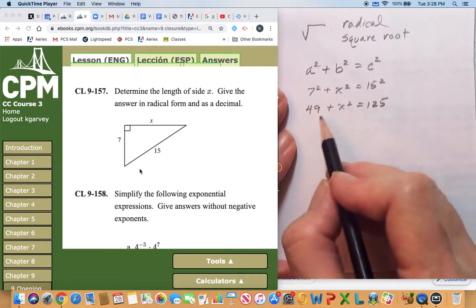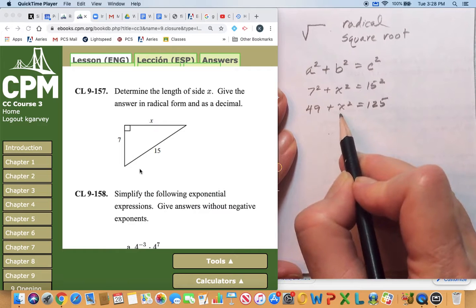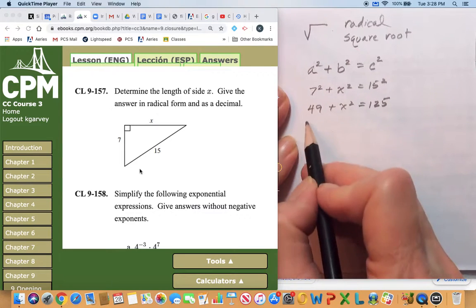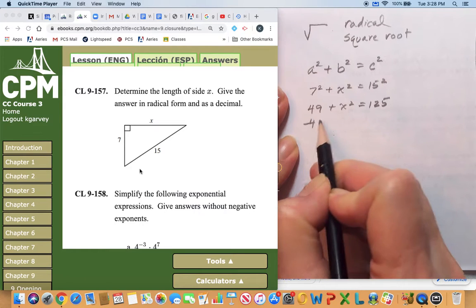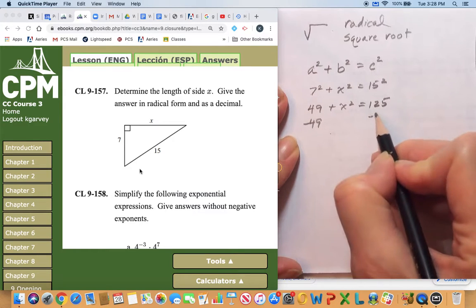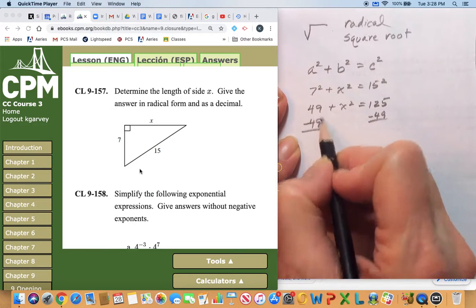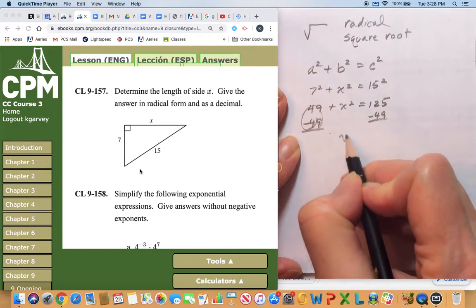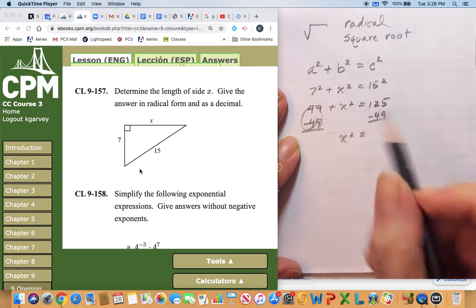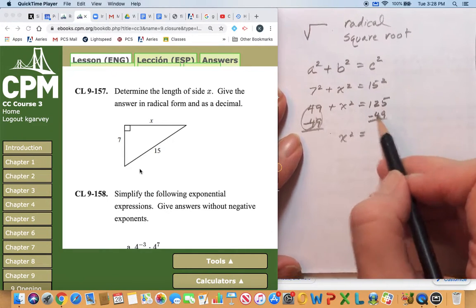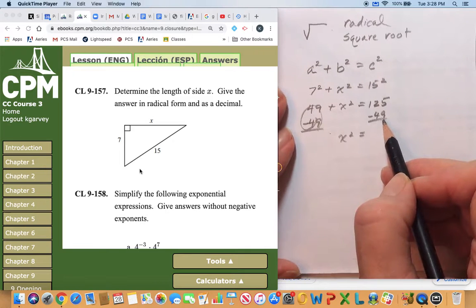All right, so now we're just solving for x. So to get x squared by itself, let's subtract 49 from this side, and we have to do it from both sides. So here it zeroes out, and we only have x squared on this side. And on this side, we have to subtract 49 from 125.